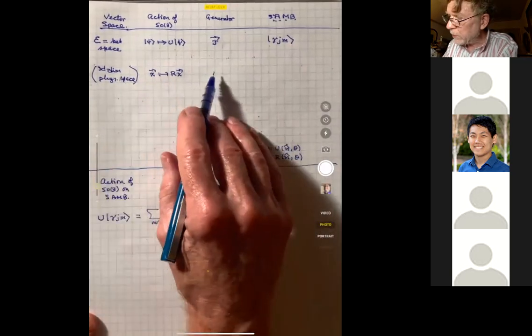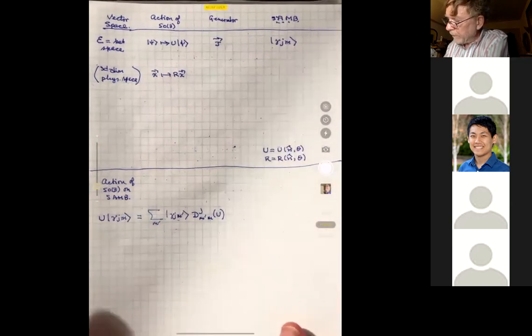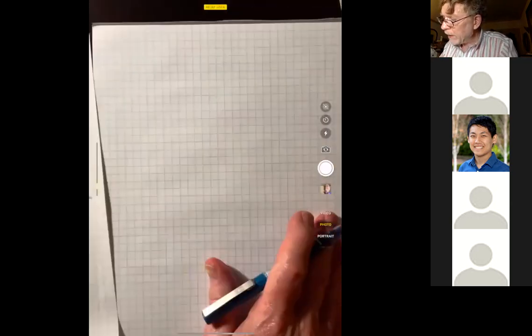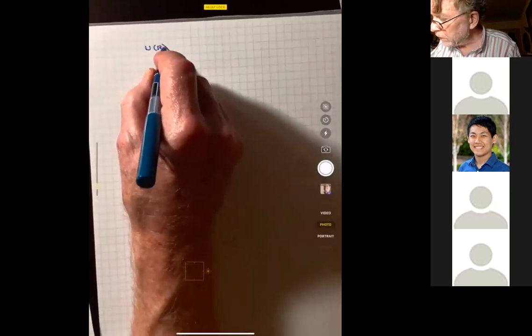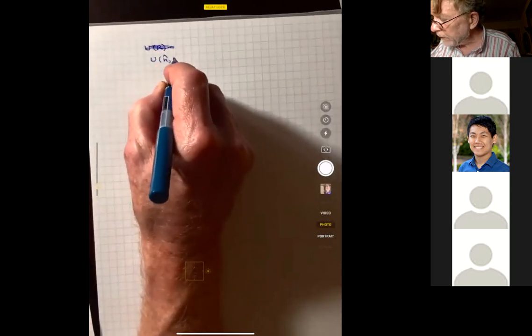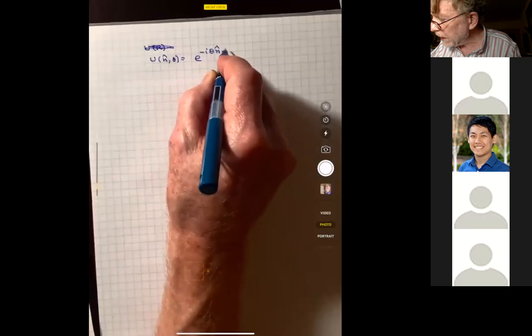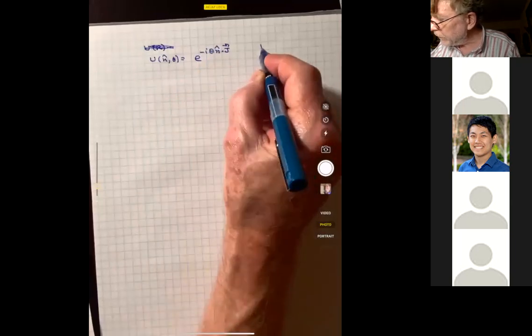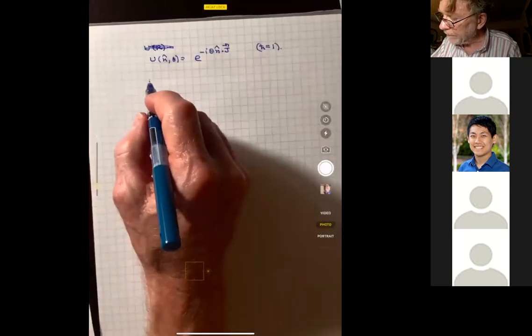What are the generators? Let's talk about the generators. For that, I get a new piece of paper here. By what we mean by the generators is that U of n hat comma theta should be equal to e to the minus i theta times n hat dotted into J. And I'm going to find it convenient for this immediate discussion to set h bar equals 1 to simplify the notation a little bit.